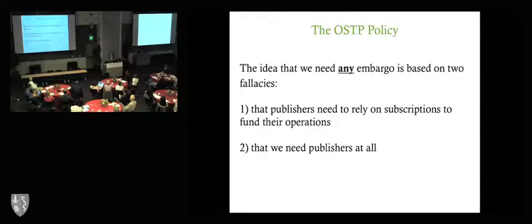So I want to talk here about this whole idea of embargoes and this crazy thing that's happened in this world, where we've gone from the dream of having no delay between when a scientist is ready to share their work with the world, so that the public can access it, to this point of view where the most powerful person in the world, the President of the United States, has implemented a policy that says it's important that people have access to this material, but it's not so important that we give it to them immediately.